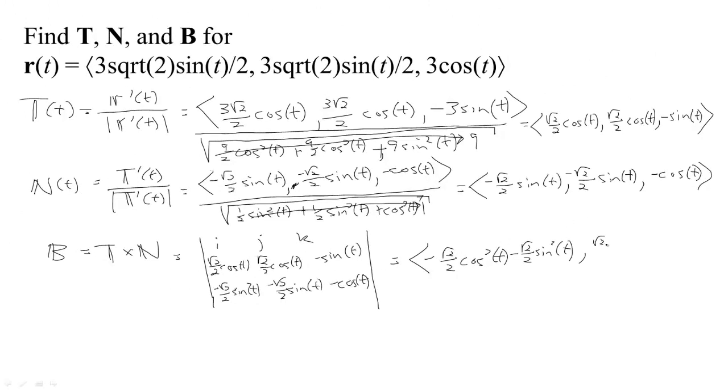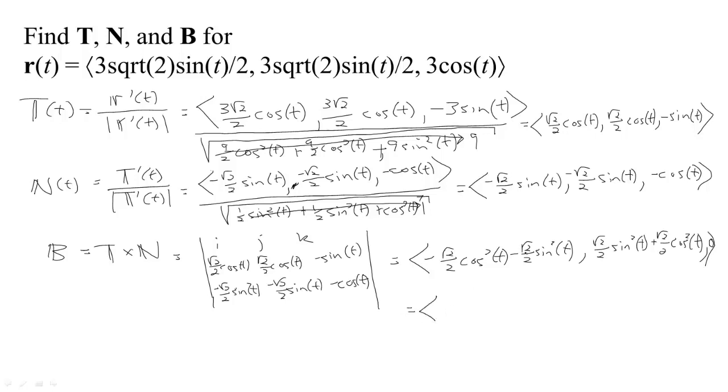So we have root 2 over 2 sine squared of t, and root 2 over 2 cosine squared of t. And then finally for our k component, we get negative 1/2 sine cosine minus minus sine cosine. So for our k component, we actually get 0 there for our binormal.